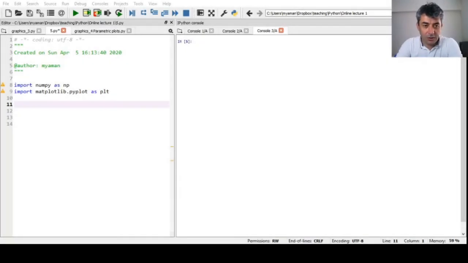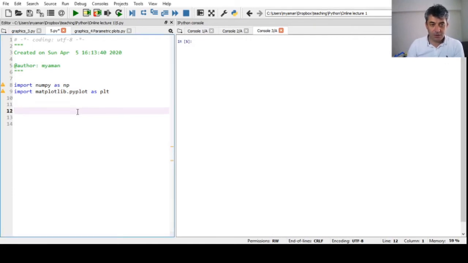In this video I will be doing 3D graphs. To be able to do 3D graphs, we need the following import line from mpl_toolkits: import matplotlib 3D.